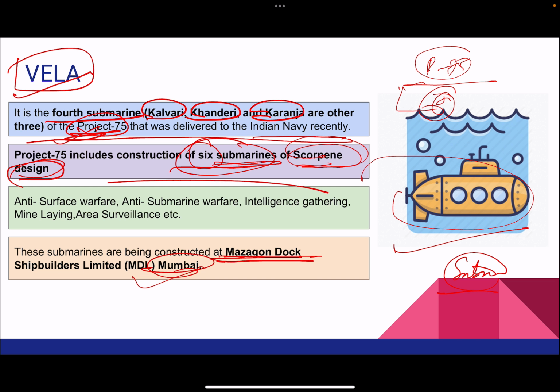Some of the features of this particular submarine are anti-surface warfare, anti-submarine warfare, intelligence gathering, mine laying, and area surveillance. So in all these applications, Vella can be deployed. And it is the 4th out of 6 to be constructed under this project.